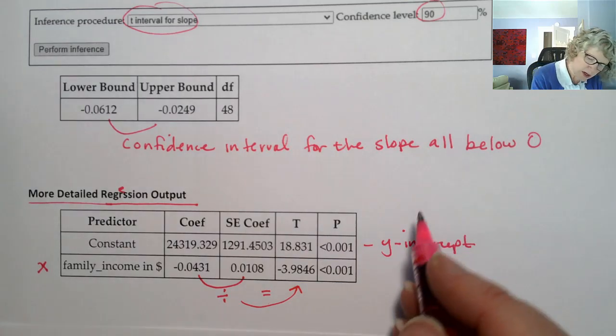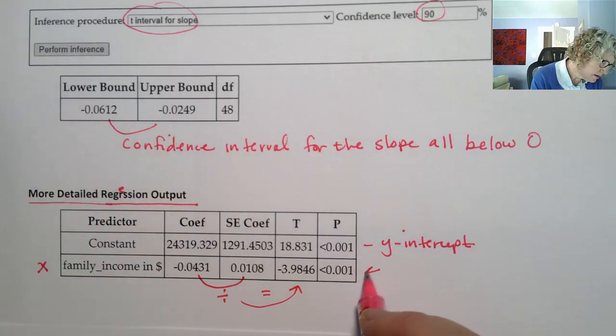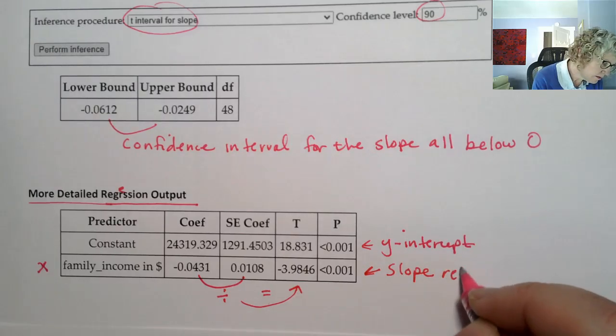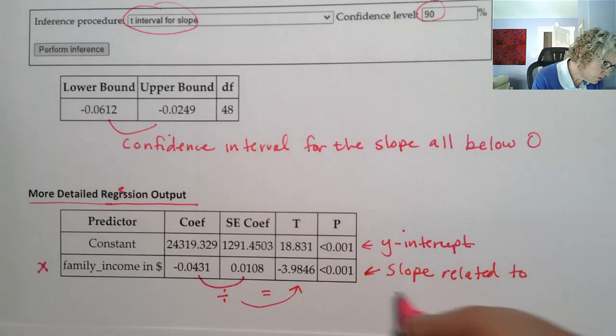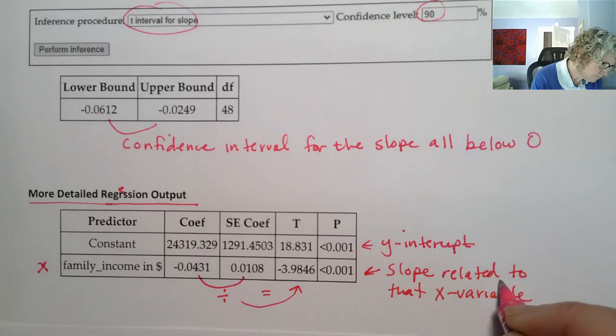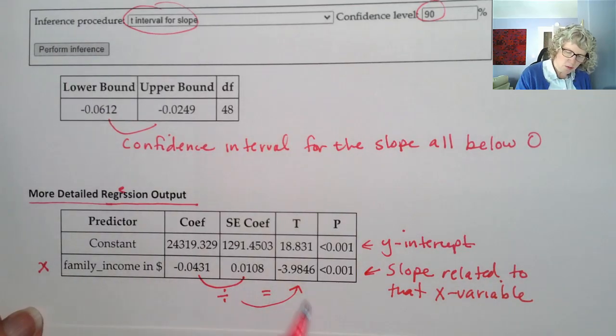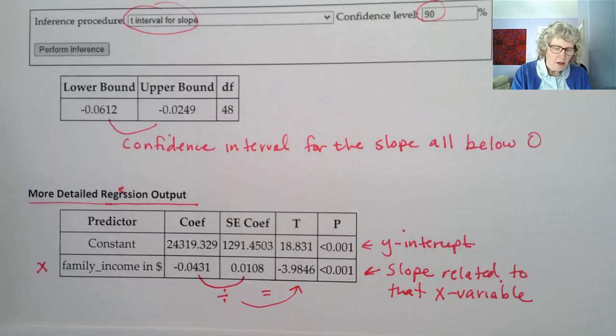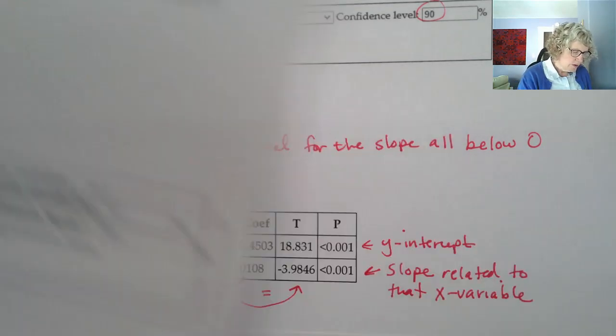Okay, so that's the y-intercept, and this is the slope related to that x variable. All right, so we're just using the slope row in this class. Okay, great. So we've got one more page, and I'm going to continue and show you the prediction intervals. So let me get that page real quick.